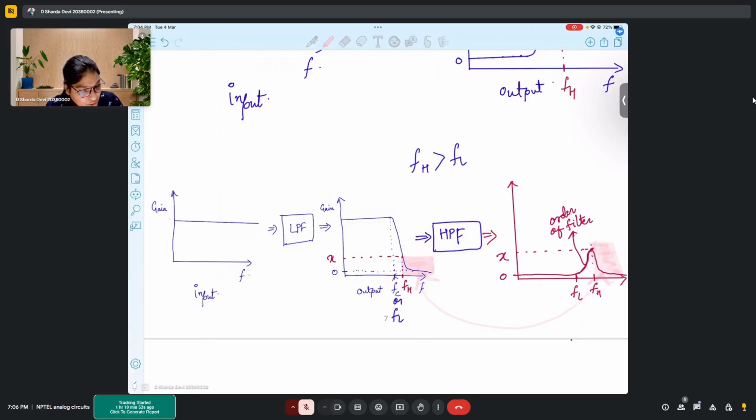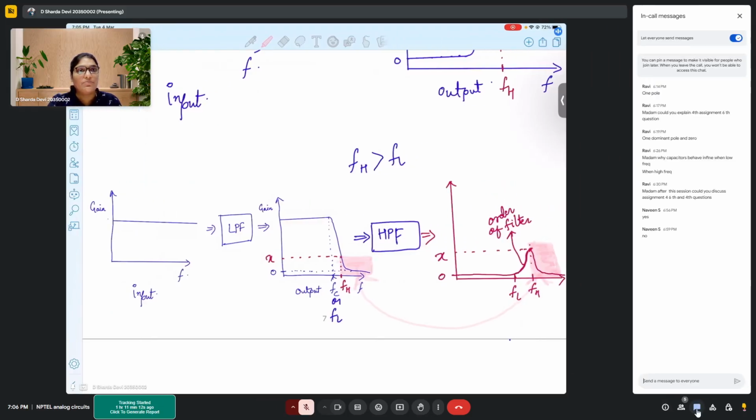Low pass filtering followed by high pass filtering. Any doubts in this? Can you unmute yourself and ask? It will be easier for others also to listen to you and understand the problem.